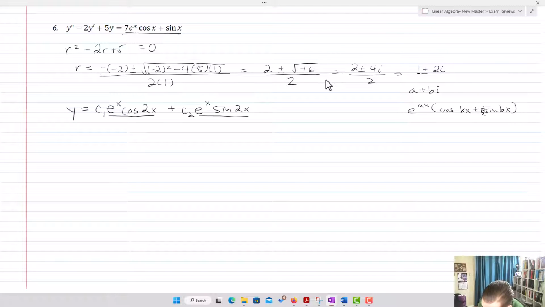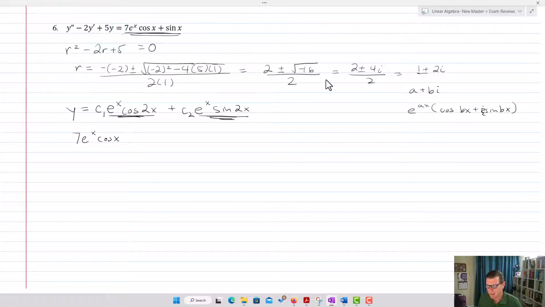I actually have 2 of them, and we have a theorem that says that if I have a compound non-homogeneous part, I can separate out the 2 parts and solve each one of them individually. So I'm going to do that. I'm going to start out with 7 e to the x cosine x, and I'm going to note that it is not identical to either one of these homogeneous solutions.